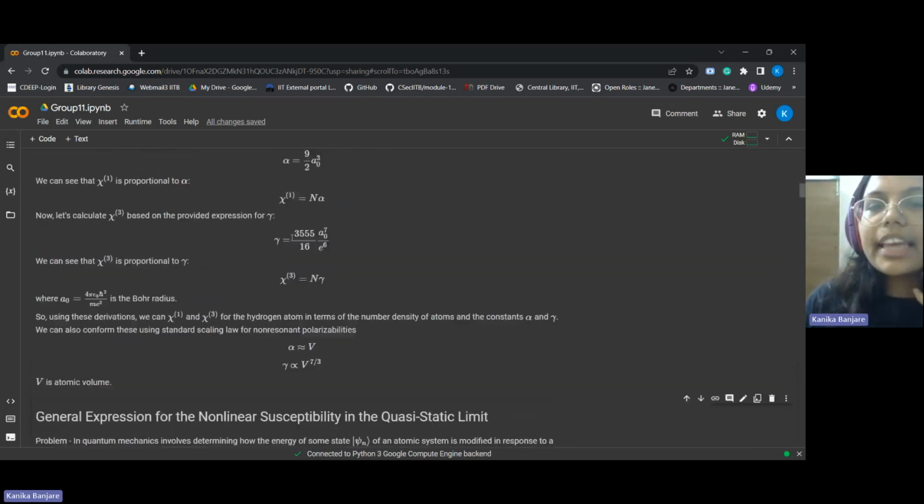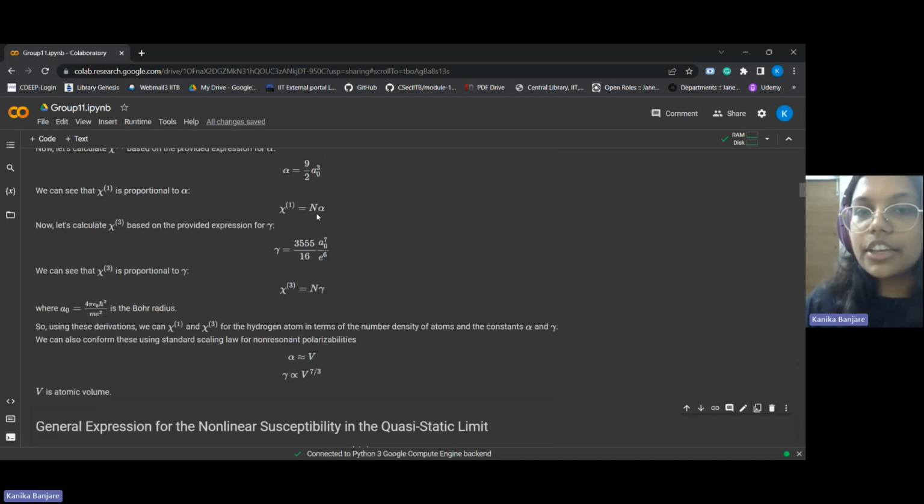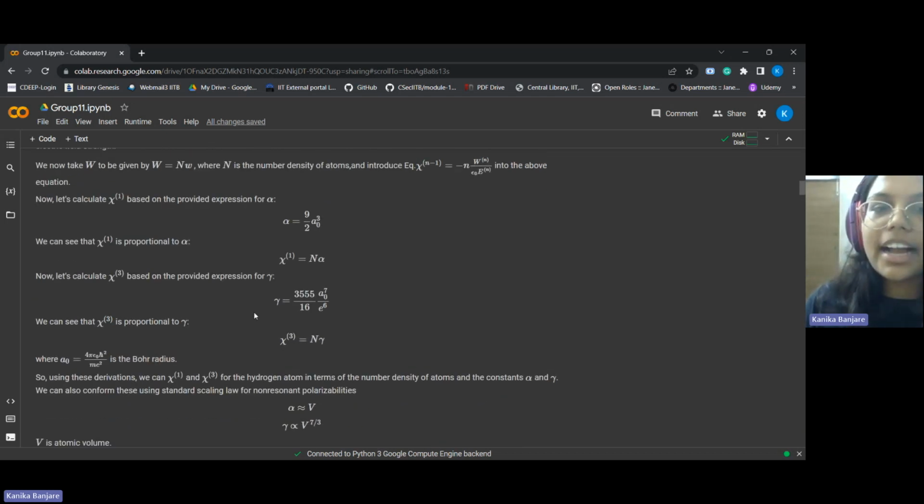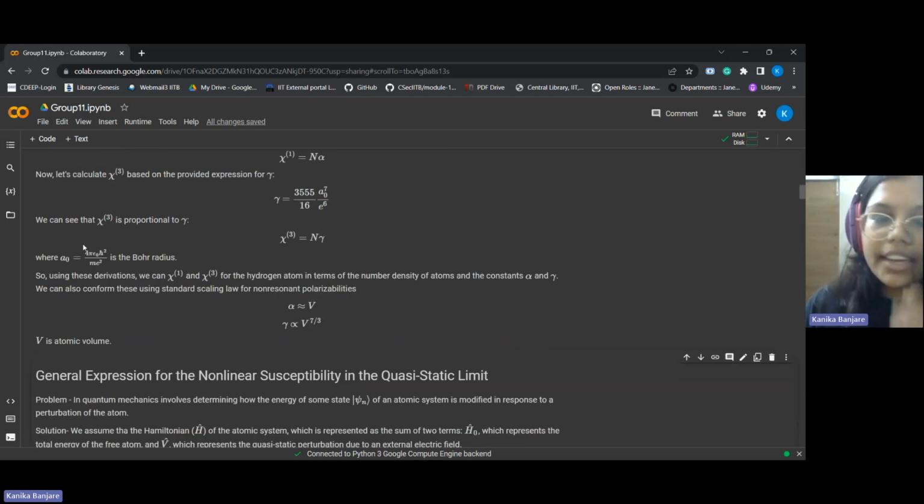And from there, we can get chi1, which equals n alpha, and alpha equals 9 upon 2 a naught to the power 3. And we can get gamma, which is this. And the third order susceptibility equals n times gamma. Here a naught is the Bohr radius.